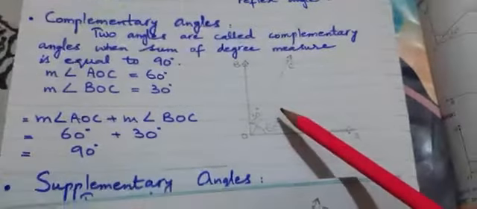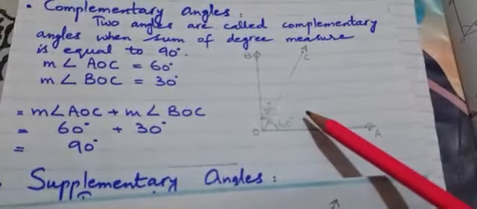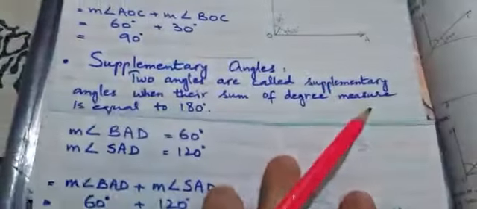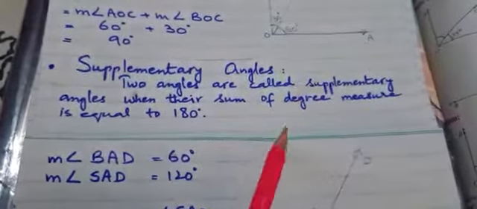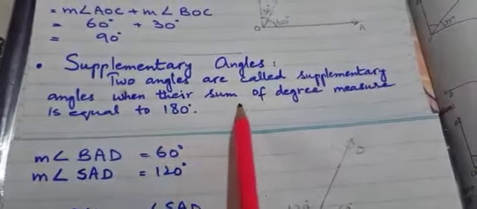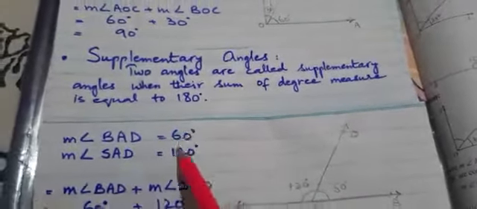Now basically these are complementary angles whose sum of measure is 90 degrees. Now there is another type of angles, which are supplementary angles. Two angles are called supplementary angles when the sum of their degree measures is equal to 180 degrees.